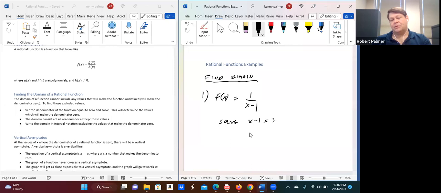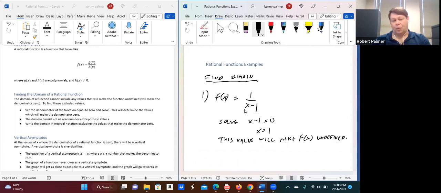x minus 1 is equal to 0. If we do that, just add 1 to both sides to get that x is equal to 1. Sorry, it's equal to 1. Now, what this means is that this value will make f of x, our function, undefined.